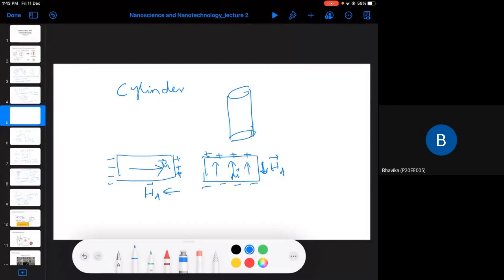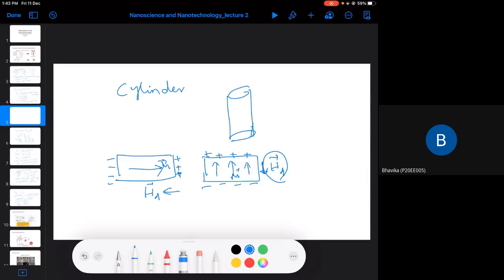Once you have these magnetic poles, what nature always wants is that these magnetic poles should be as far apart as possible, so that they can reduce this Hd field. The demagnetizing field will be reduced if the poles are far apart, and that is what this anisotropy means.